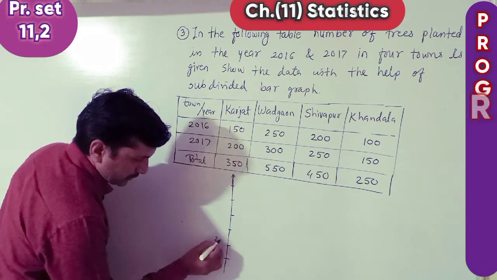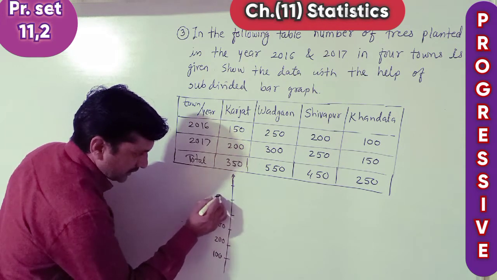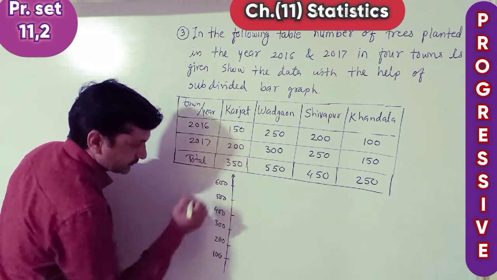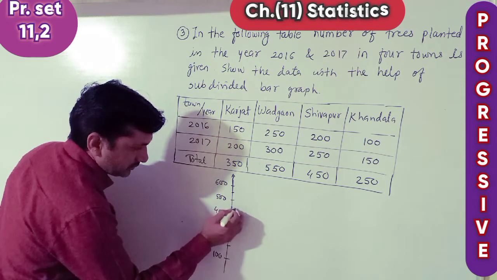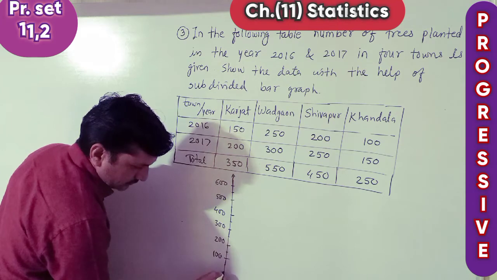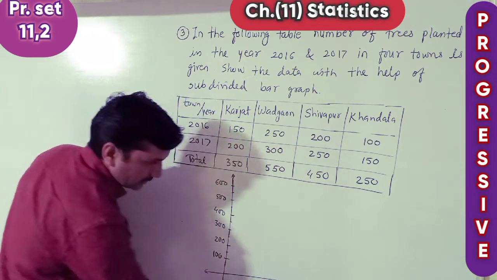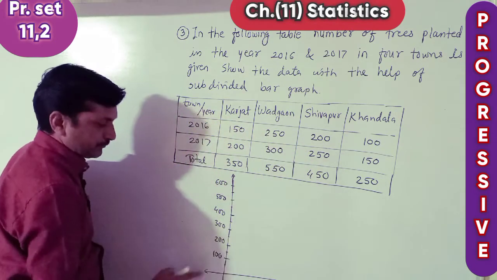200, 300, 400, 500, 600, and here these points will be for, okay, here like this 50.